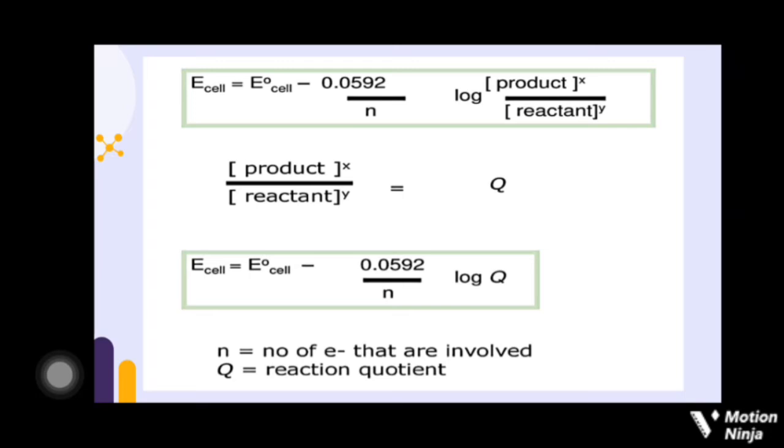Next, the formula you can also use is E cell equals E naught cell minus 0.0257 divided by n, the number of electrons involved in the reaction, multiplied by 2.303 log of the product divided by reactants, also known as the reaction quotient.